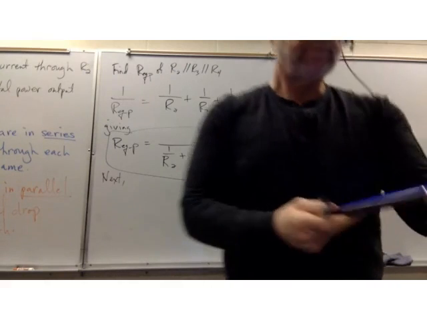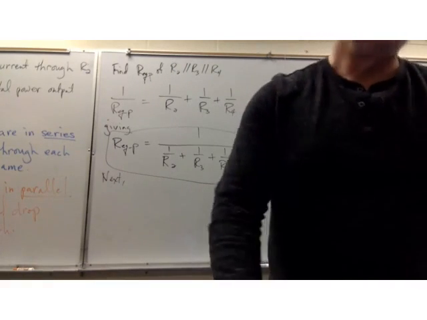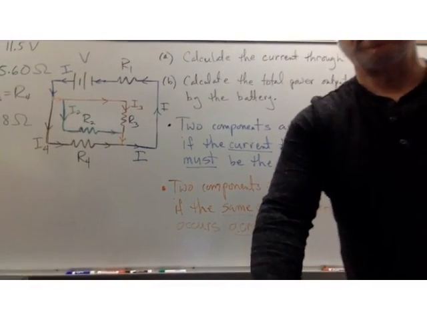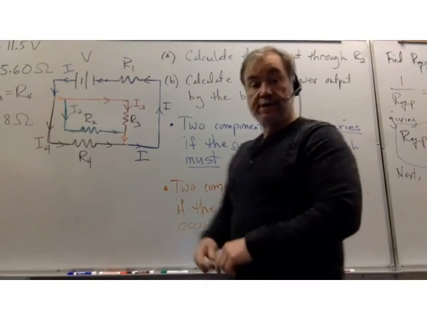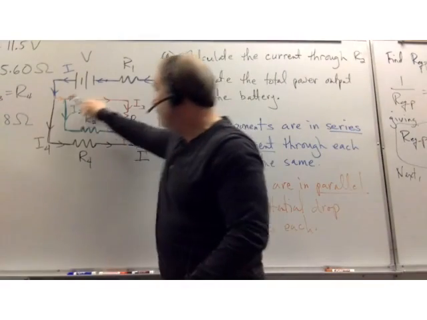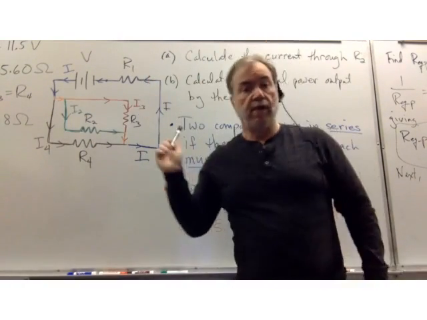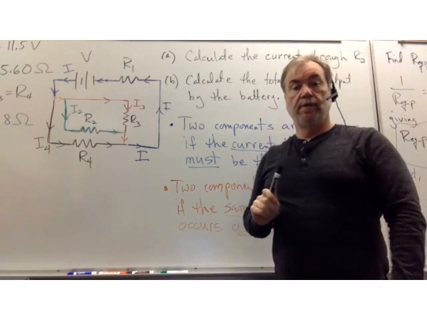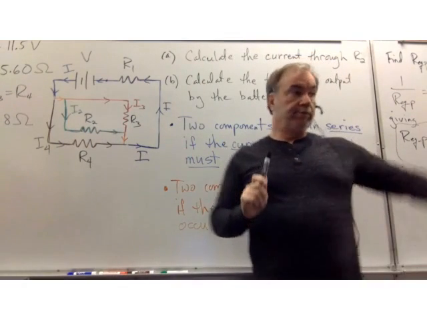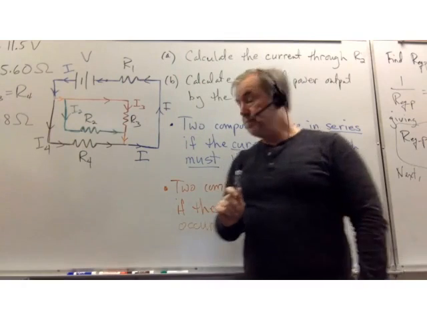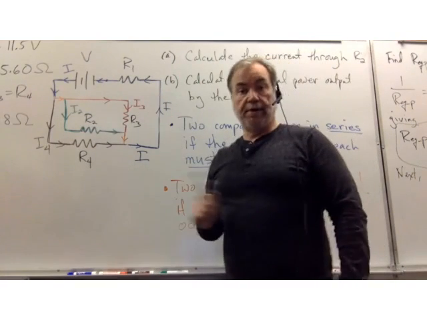Now, let's go back here. As I said just a moment ago, as far as the battery is concerned, I could cut these 3 resistors out of the circuit, replace them with just a resistor with a number of ohms equal to R sub EQ dash P, and I'd get the same current out of the battery.